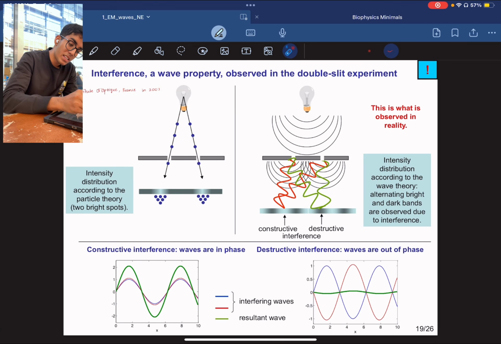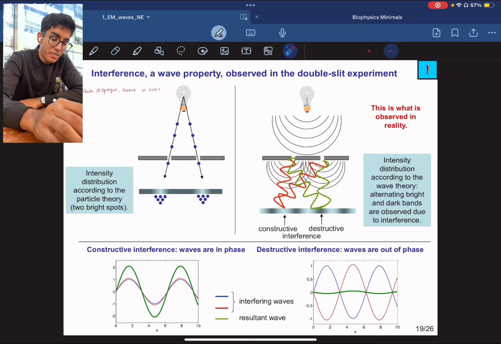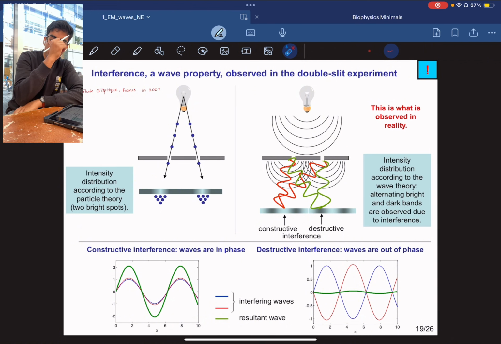Now, interference as a wave property. Let's talk about the double slit experiment. The double slit experiment is one of the craziest experiments in the whole of quantum physics.